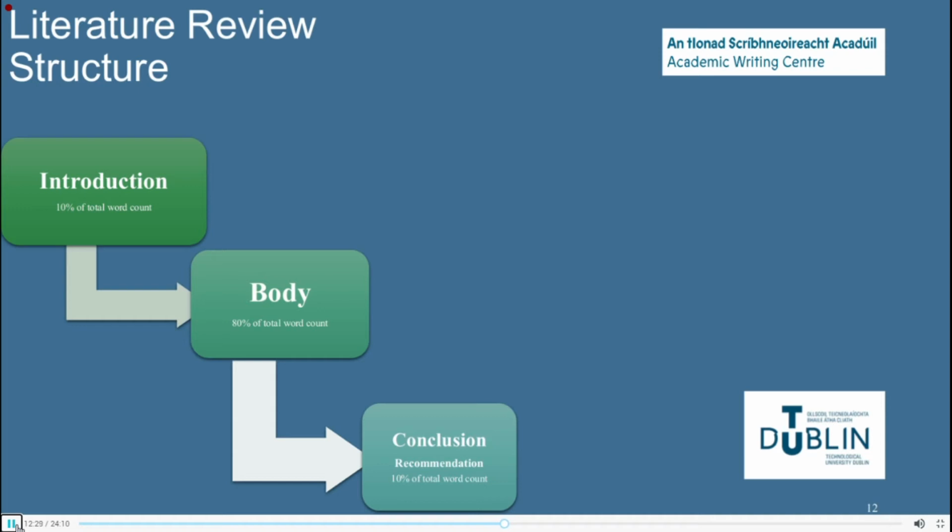This is followed by the main body of the text, which includes the sources that you're discussing and the discussion of them, and you can organize this either chronologically, thematically, or methodologically. Finally, the conclusion should cover a discussion of what you have drawn from writing and reviewing the literature so far, and where the discussion might proceed.